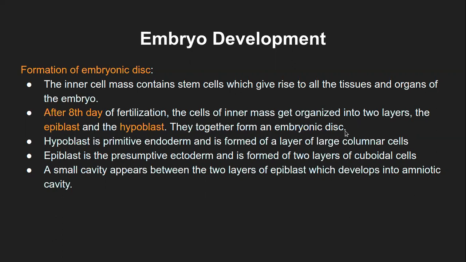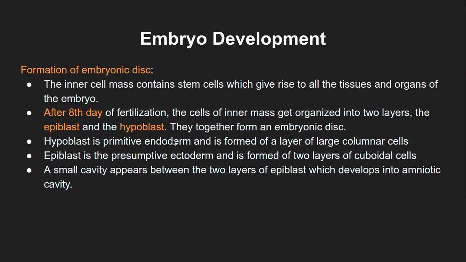Now, a disc is nothing but a kind of curved shape of the cells. That is what is called the embryonic disc, which consists of epiblast and hypoblast. Hypoblast is the primitive endoderm, the innermost earlier version of the endoderm, and is formed by a layer of large columnar cells. This is just the structural feature.